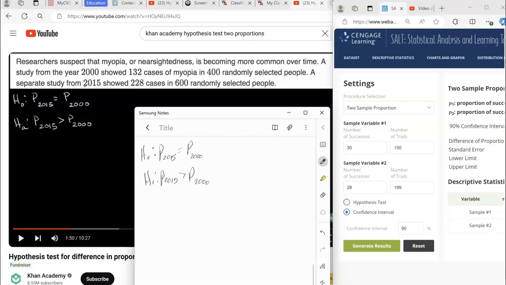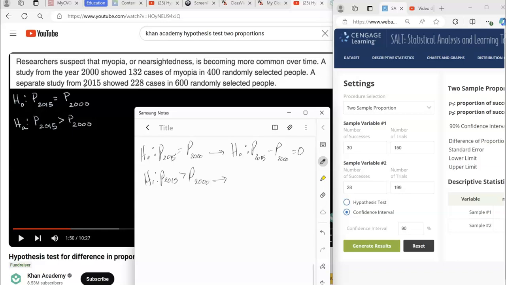Now, there's different ways to write this. We could write this comparing the two populations. Sometimes you'll see it written this way, where everything is moved to one side. So if I were to subtract this over using just a little bit of algebra, I would get H naught: P of 2015 minus P of 2000 would be equal to 0.